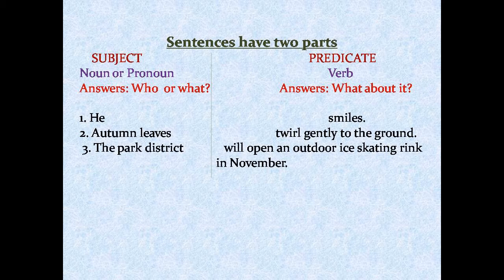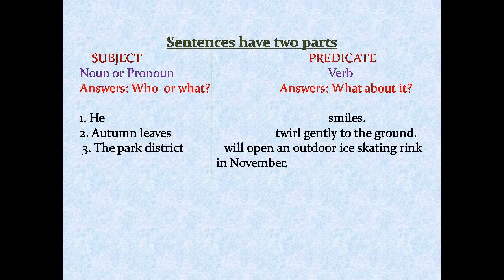For instance, we look at the first statement, he smiles. To know the subject, if you apply the question who or what, who smiles? The pronoun he smiles. Here it answers the question who smiles?